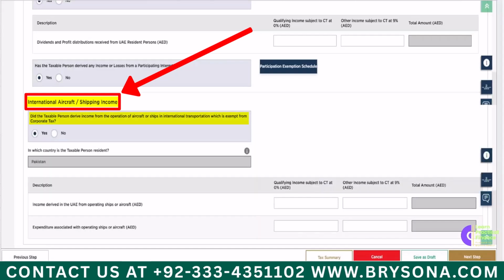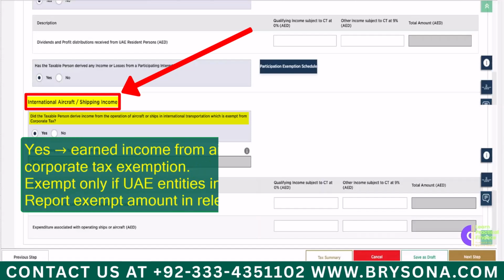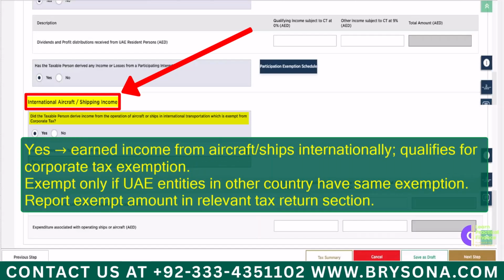The question is, did the taxable person derive income from the operation of aircraft or ships in international transportation which is exempt from corporate tax? In the current scenario, for my client, I have selected yes. You should answer yes if the company earned income from aircraft or ships internationally that qualifies for corporate tax exemption.